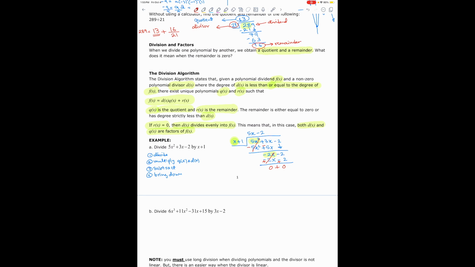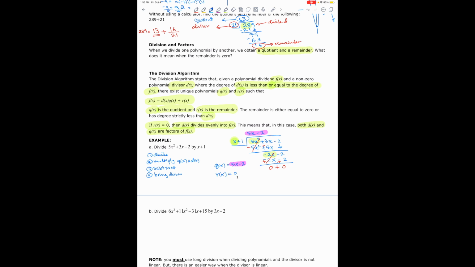And we can specify that the quotient q of x is equal to 5x minus 2, which is this value right here. Let me change the color. So that is the quotient, and the remainder is 0, so r of x is equal to 0.